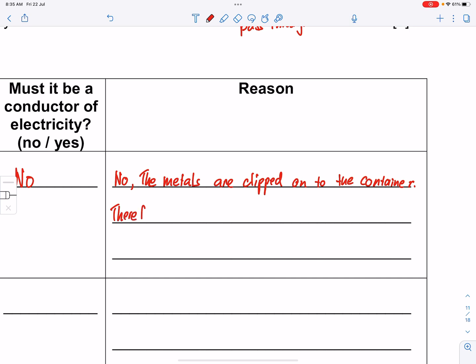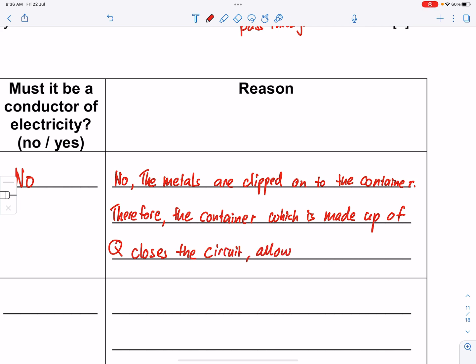Therefore, the container, which is made up of Q, closes the circuit, allowing electric currents to flow through the circuit.